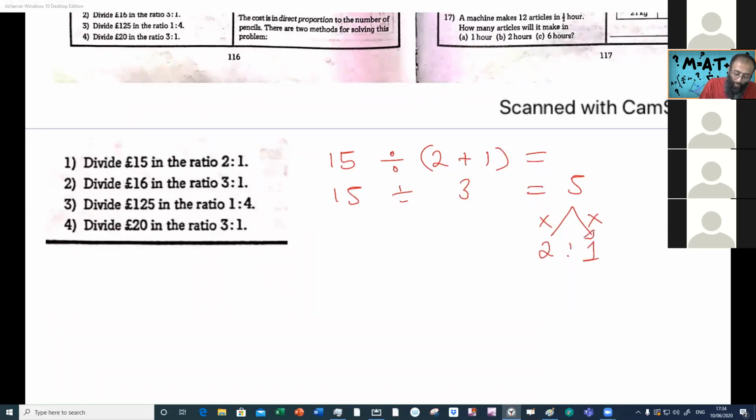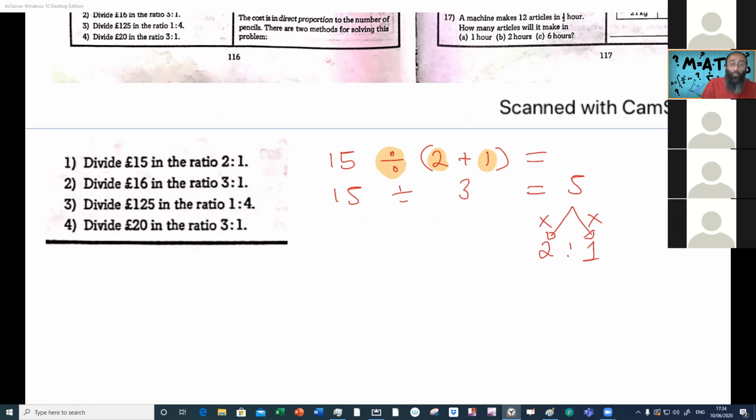That was beautiful. I'm just going to go over that again, Anam. That was fantastic. Right. Now, when you do 15 pound divided in the ratio of 2 to 1, we do literally what it's telling us to do. It says 15 pound divided by the ratio 2 to 1. So what we're reading in the question, we are manifesting it in our calculation.